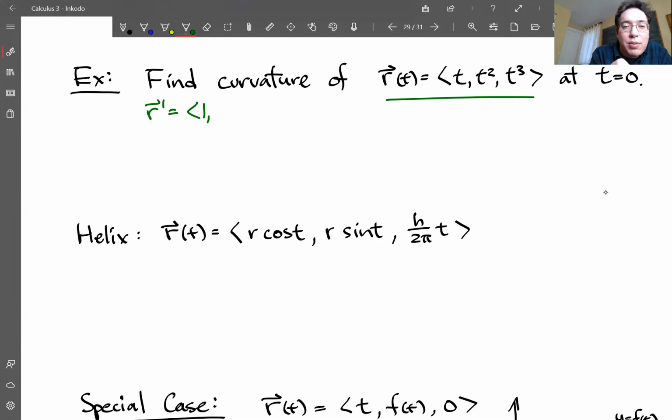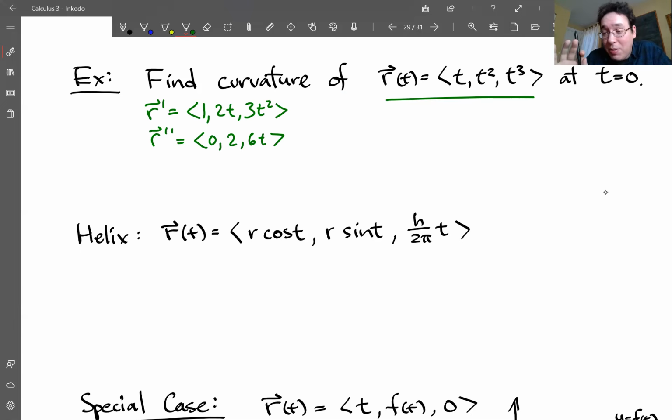The first derivative looks like that. Second derivative looks like that. And I want to take the cross product, but here's a work-saving technique.